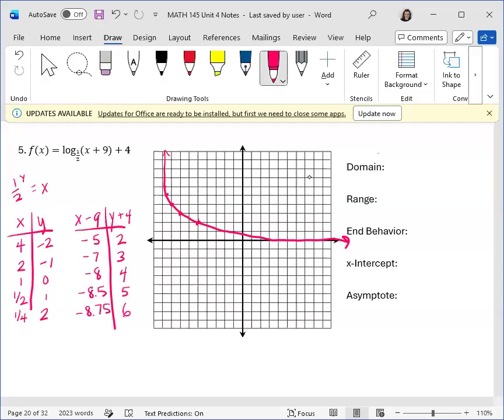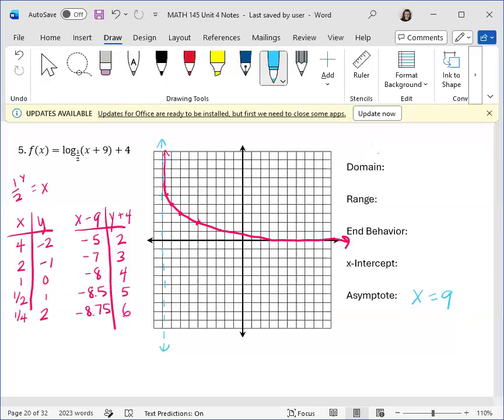Thinking about that asymptote, it was originally on the y-axis. It shifted left 9 units. So that vertical asymptote is at x equals 9. A vertical asymptote, again, shifted left 9 units.